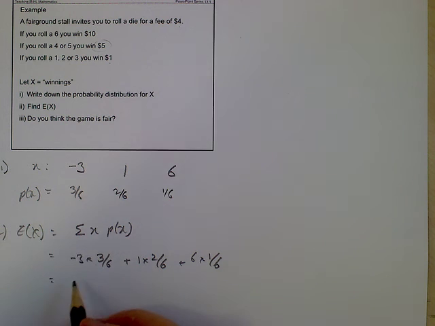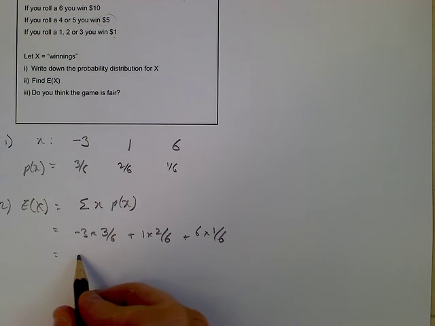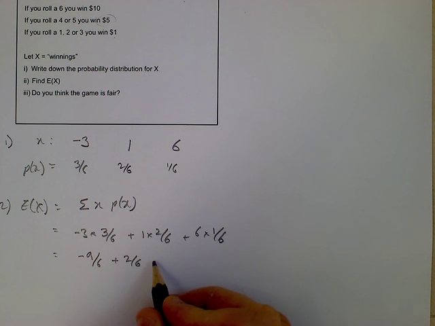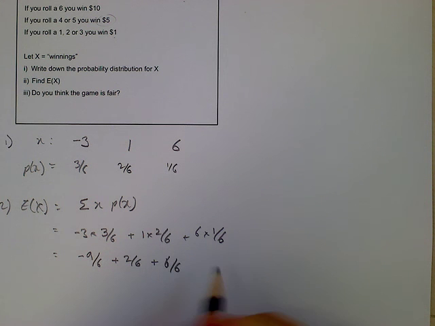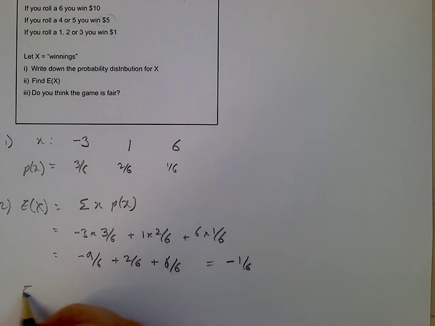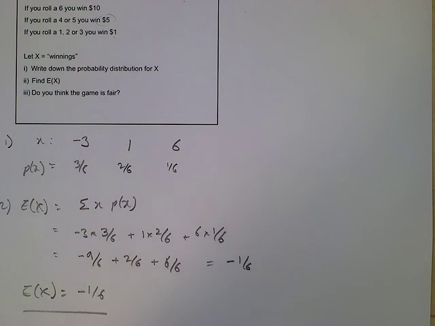So I've got minus 9/6 plus 2/6 plus 1, or 6/6. So 2/6 plus 6/6 is 8/6, minus 9/6, that's minus 1/6. So the expected value of x is minus 1/6. Done part 2.